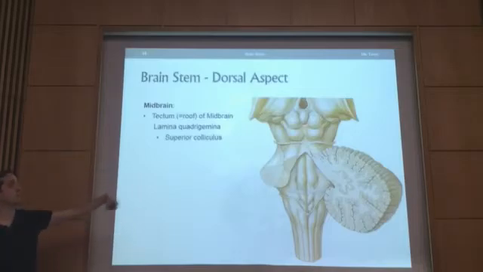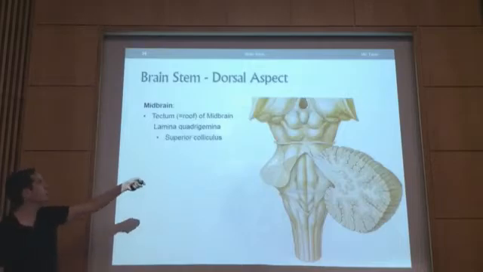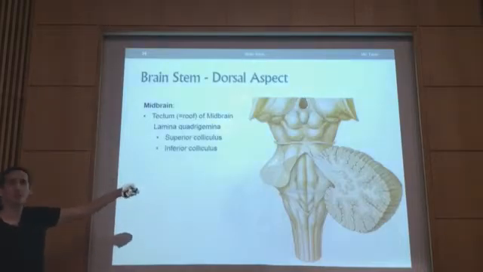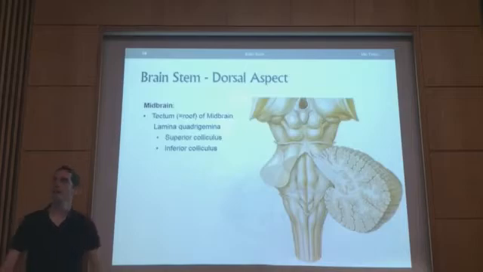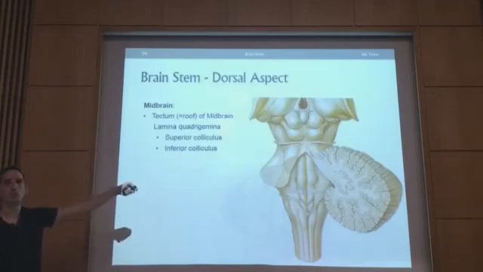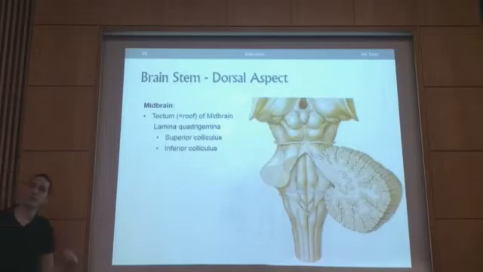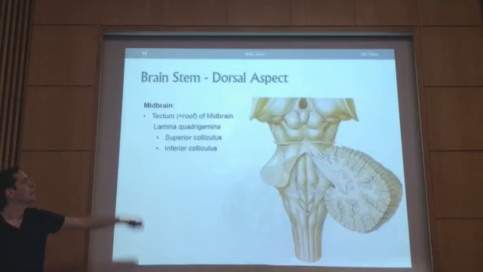So these two are the superior colliculi, not surprisingly, and these two are the inferior colliculi. And like the geniculate bodies of the thalamus, they are part of the visual and auditory system. So the superior colliculi are part of the visual system, and the inferior colliculi are part of the auditory system.